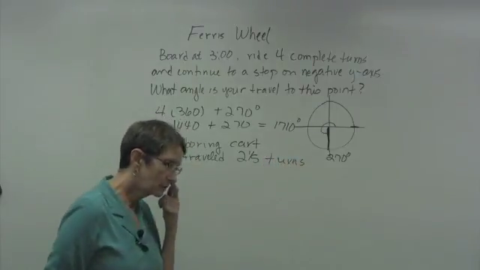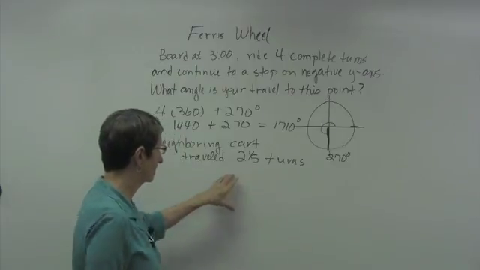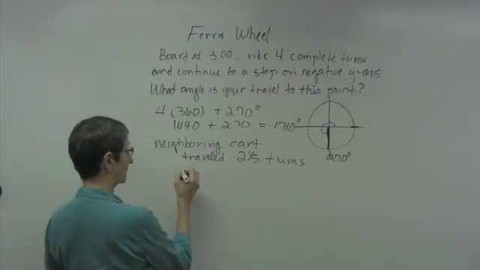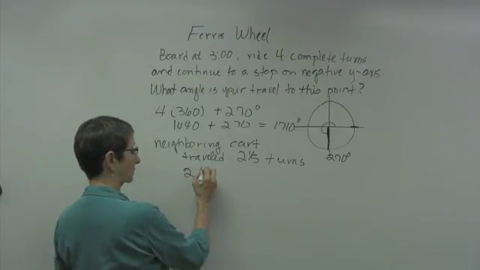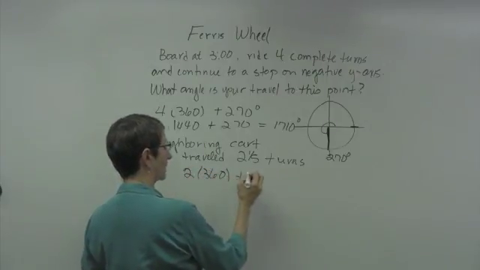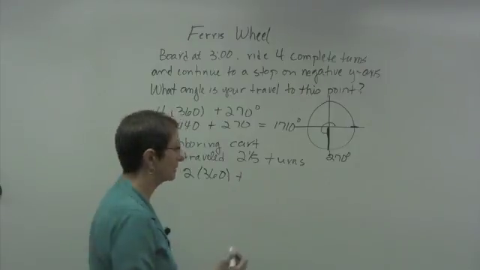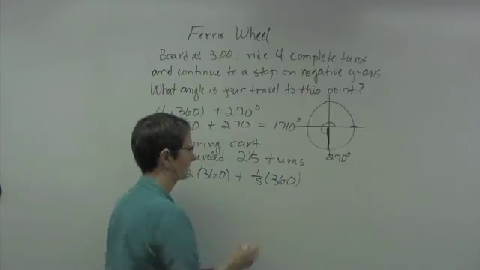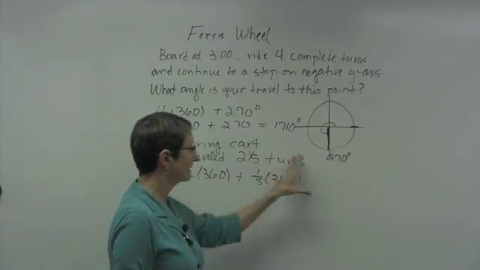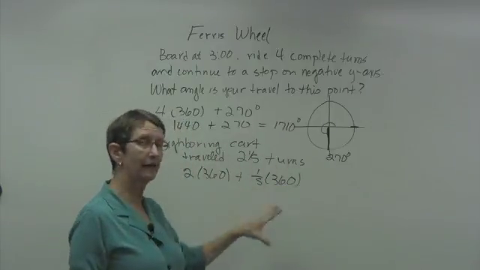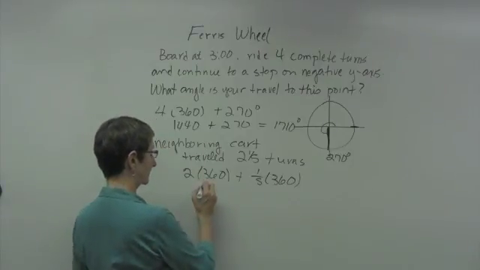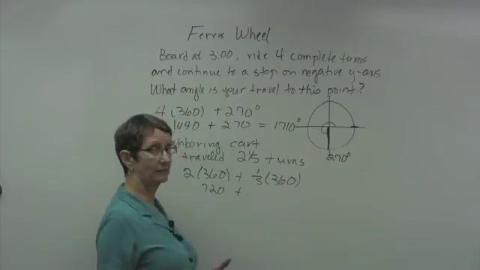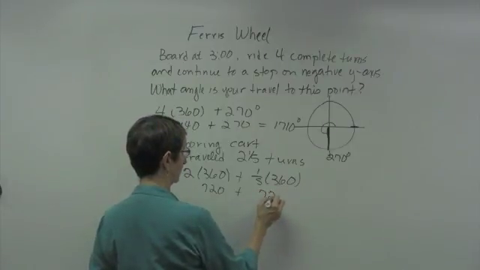Okay. So suppose that here, what's their angle? 2 times around, 2 times 360, plus 1/5 of the turn. Well, we've done the fractions before, 1/5 of 360. So I have to add all this together. My 2 times this is 720, plus 1/5 of this, or 360 divided by 5 gives you 72.